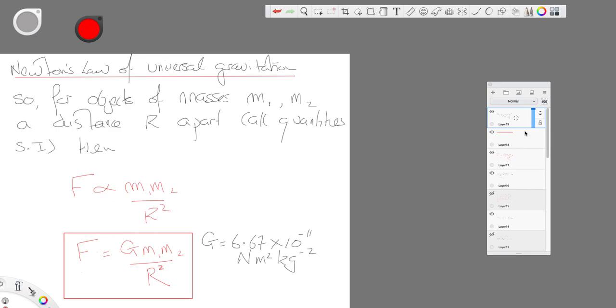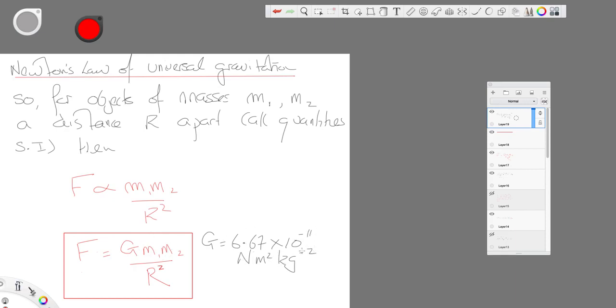G is 6.67 times 10 to the minus 11 newton meter squared per kilogram squared. Now you can get those units by rearranging the equation and making G the subject. You've got F in newtons times r in meters squared, so there's newton meter squared divided by kilograms squared.